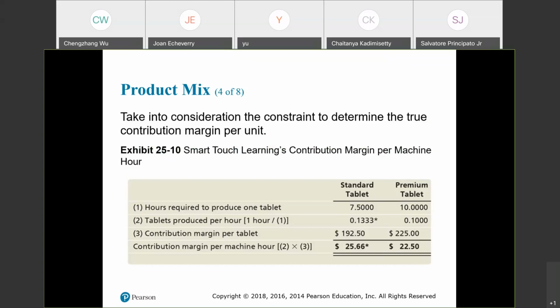So let's assume standard tablets require 7.5 machine hours to produce, and premium tablets require 10 machine hours to produce. This slide illustrates the calculation for the contribution margin per machine hour for each type.